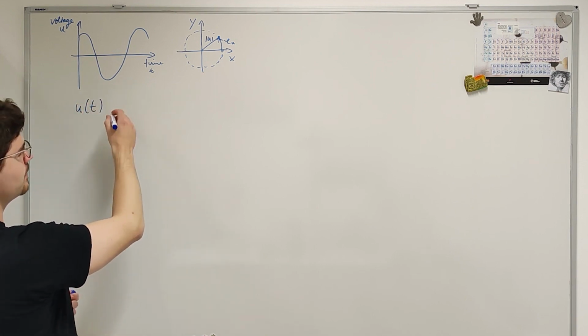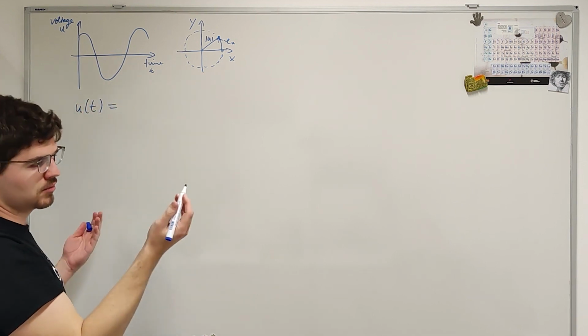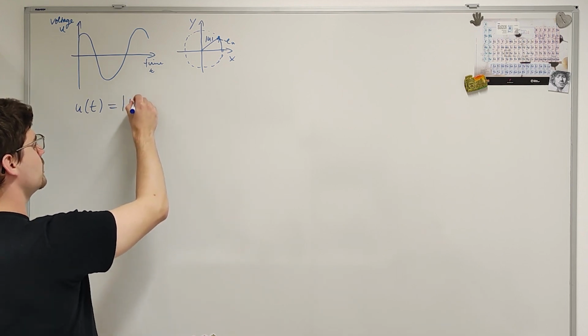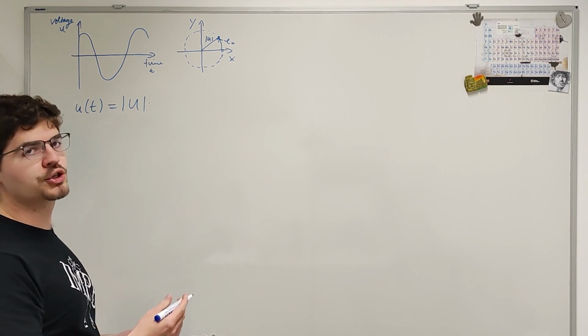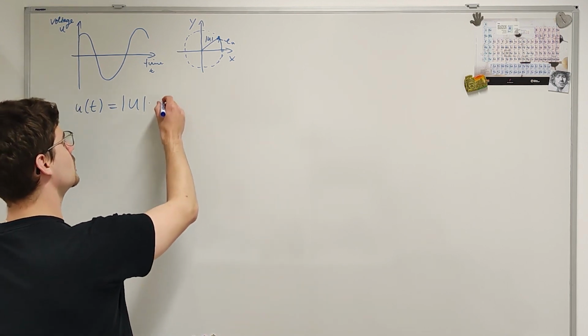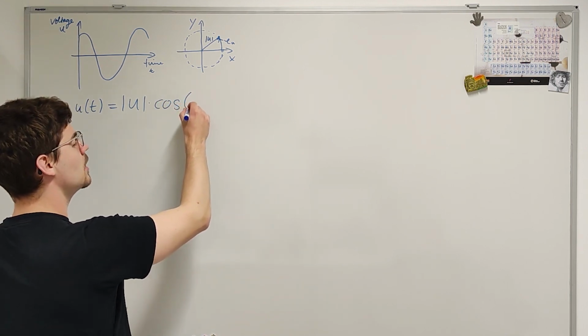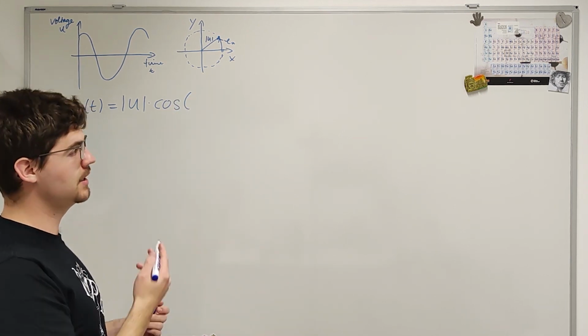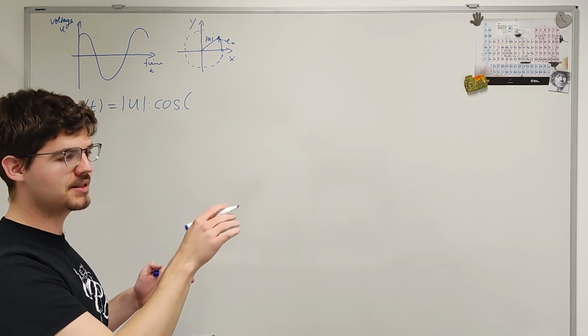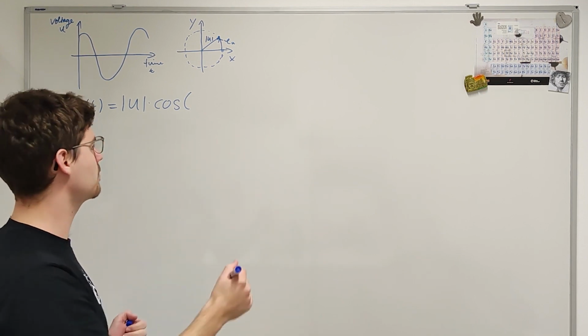U as a function of t is an amplitude, the absolute of u, times either sine or cosine. In this case, I will choose for convenience the cosine of the phase angle, and the phase angle in this case is time dependent, the angular frequency times time, plus the initial phase that it starts with.